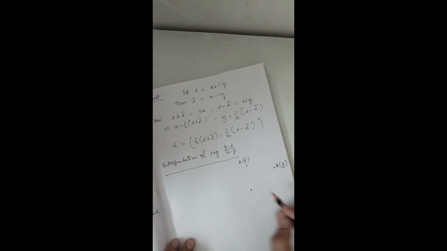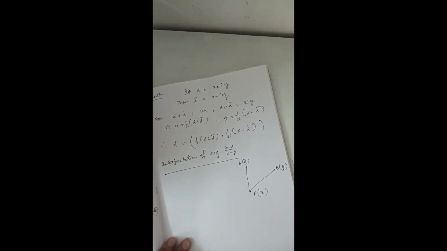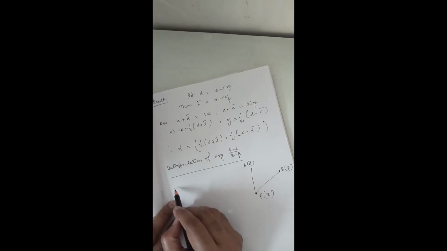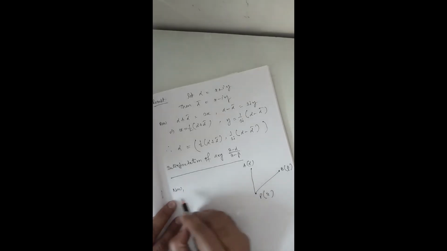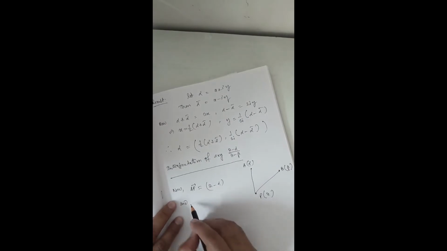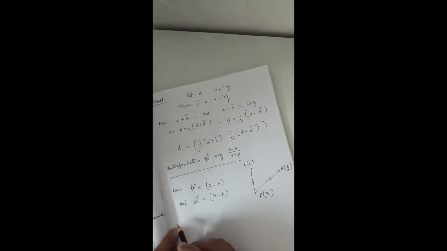And there is a point P denoted by the complex number Z. So if you join PB and PA, therefore the AP vector will be Z minus alpha, and the BP vector will be Z minus beta.